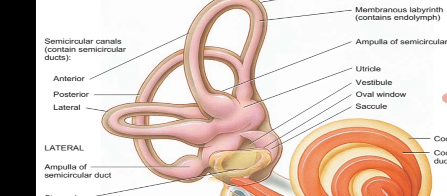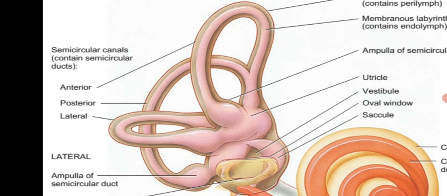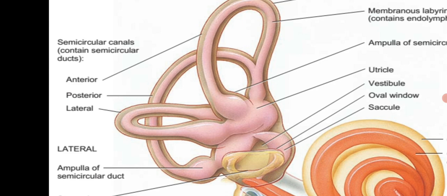Actually over here, this region, see, this is responsible for balance and equilibrium, right. In the human body, these regions are responsible for maintaining our balance and posture. Which structures are here? These 3 canals, that is the semicircular canals, next is the utricle, next is the saccule, right.